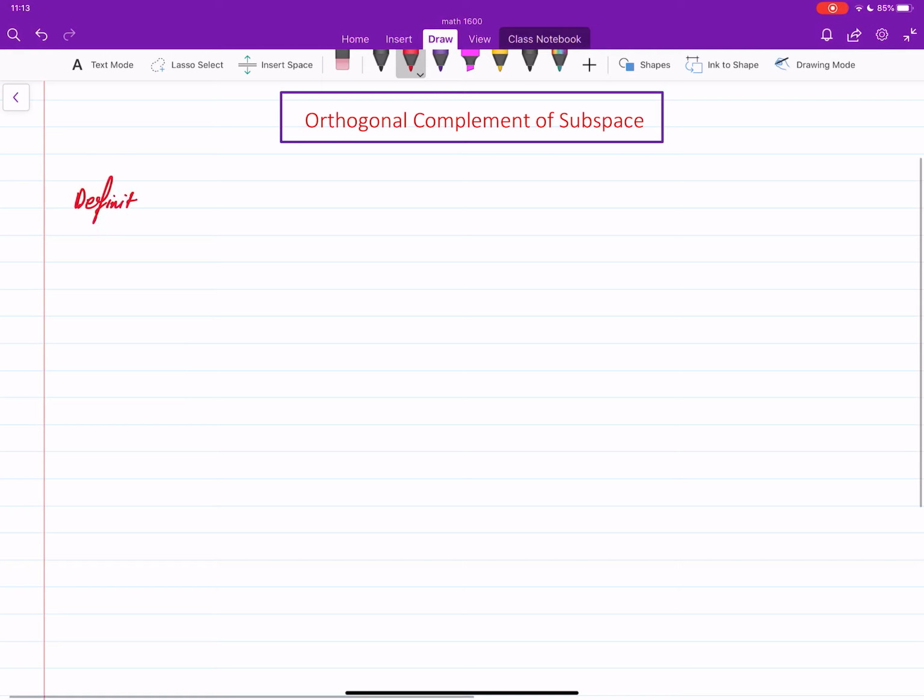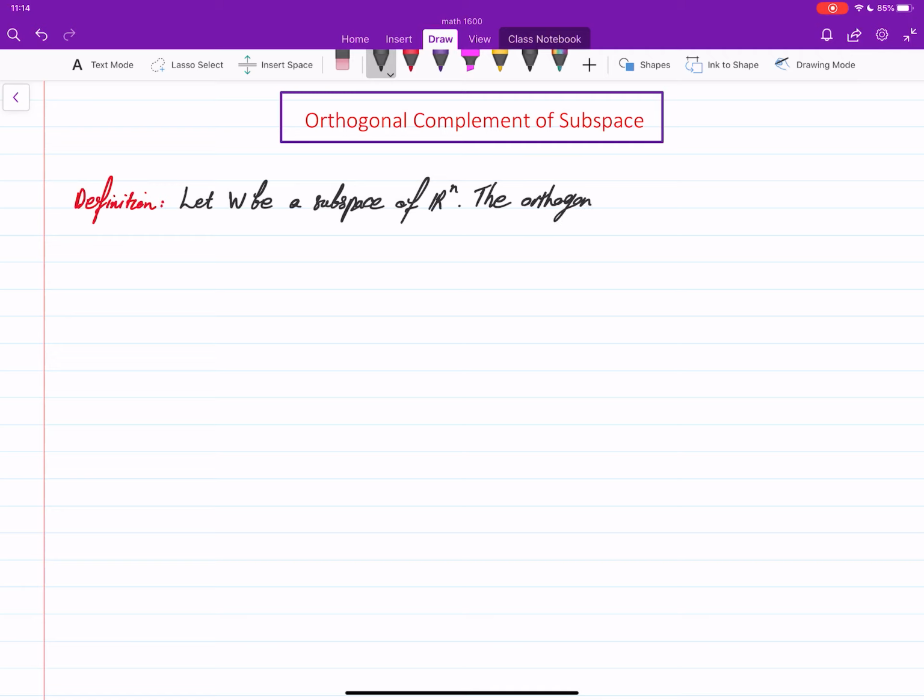So orthogonal complement of a subspace. We're assuming that there's a subspace, so let W be a subspace of Rn. And then we define the orthogonal complement of W, which we have a notation for.